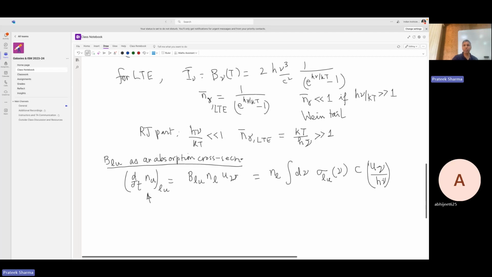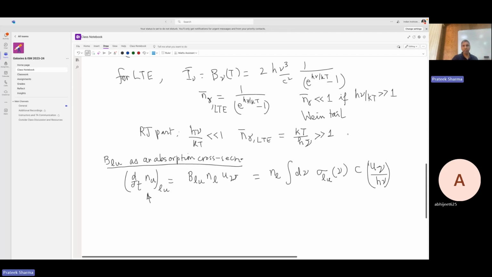U_nu is the energy density of photons. U_nu d nu is the energy density in photons with frequency nu to nu plus d nu. So U_nu d nu by h nu is the number of photons with frequency nu to nu plus d nu.